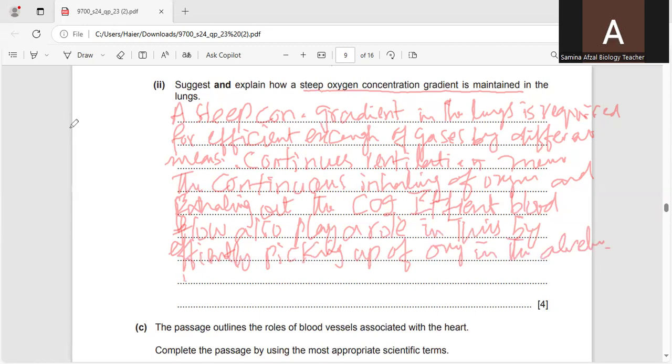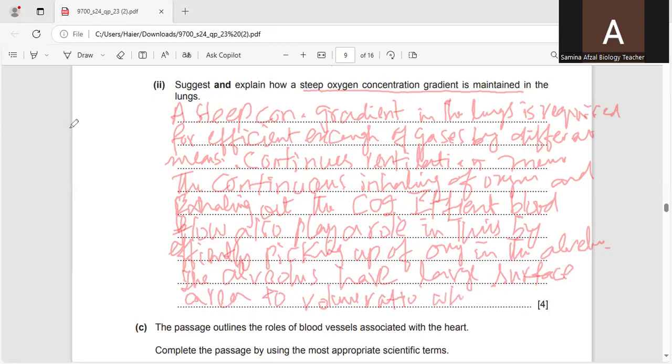And then I would like to say the alveolus have a large surface area to volume ratio, which increases the more exchange of gases.